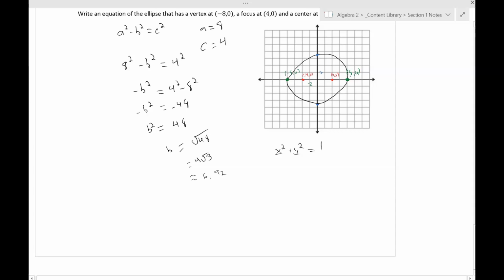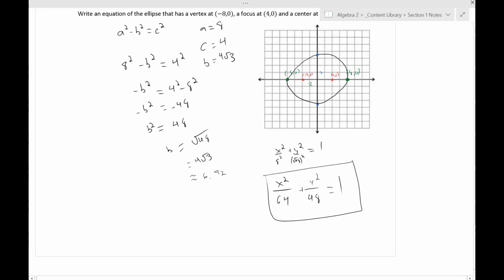So our major axis is 8 squared, plus, what's our b value? We found b is 4 root 3, the square root of 48, and we're squaring that. So to rewrite this, it's x squared over 64, since 8 squared is 64. The square root of 48 squared is 48, so plus y squared over 48 equals 1.